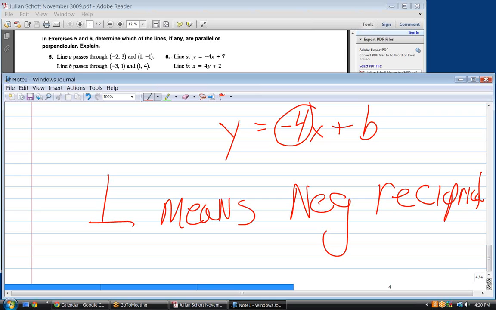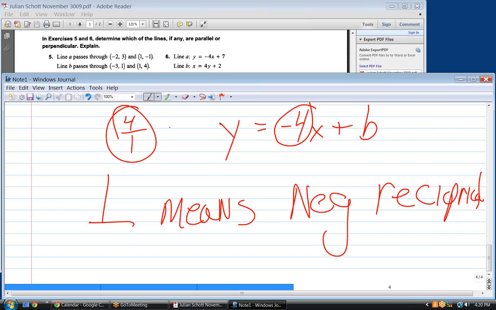So the negative: what's the negative of -4? +4. Correct. What's the reciprocal of +4? 1/4. Reciprocal means you flip it. In other words, if I have 4, it's really 4 over 1.